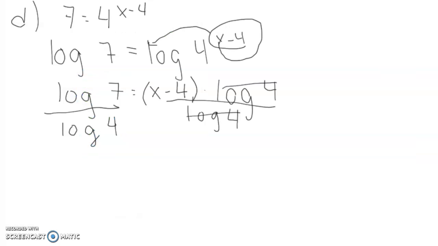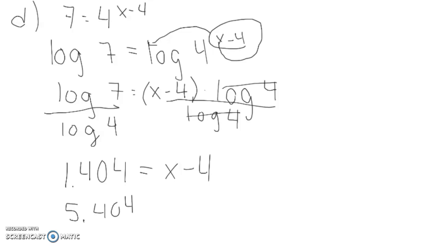So we're going to say this right here equals approximately 1.404. And all of that equals x minus 4. Then your last step to get x by itself is add 4 to both sides. So you end up with 5.404 equals x. All right, let's go to your next one.